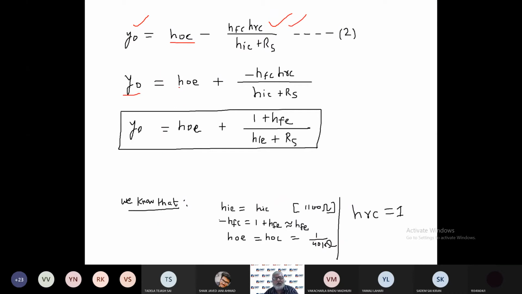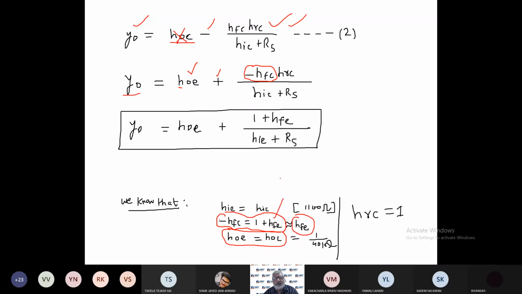or Yo is equal to, now you see hoc and hoe are equal. Standard values are 1 by 40 kilo ohm. So here in place of hoc I have written hoe. Okay. Now here you see this minus sign. I kept plus here and taken minus here, so that this minus hfc will be equal to 1 plus hfe, or approximately equal to hfe.